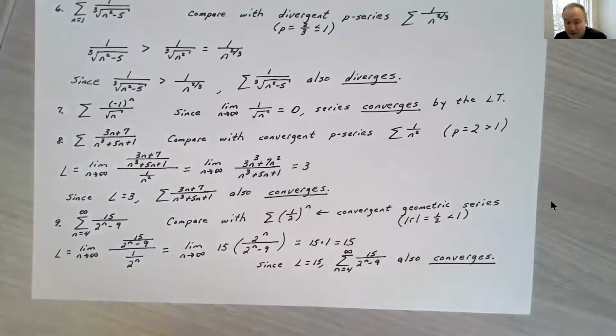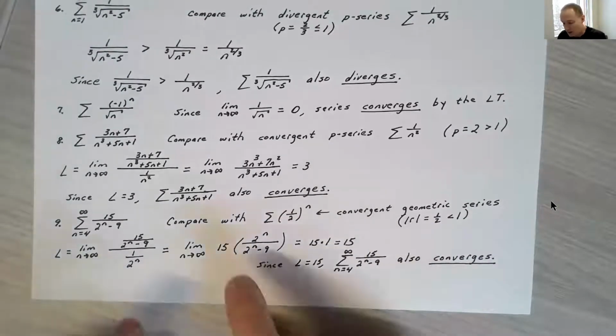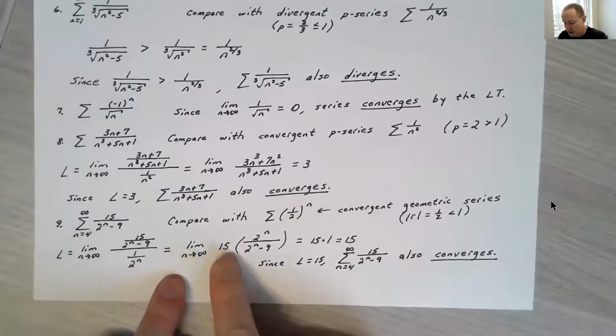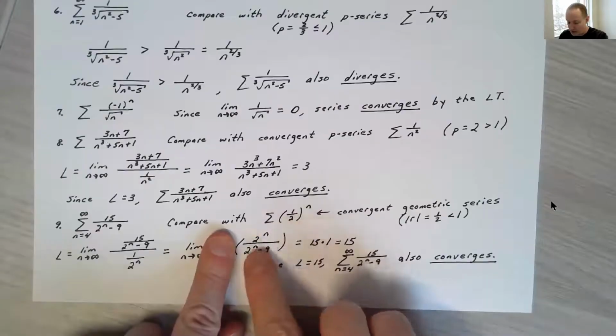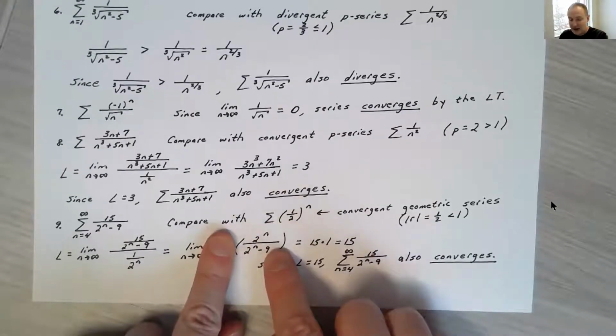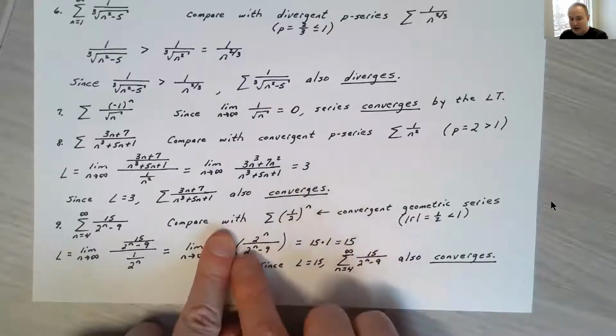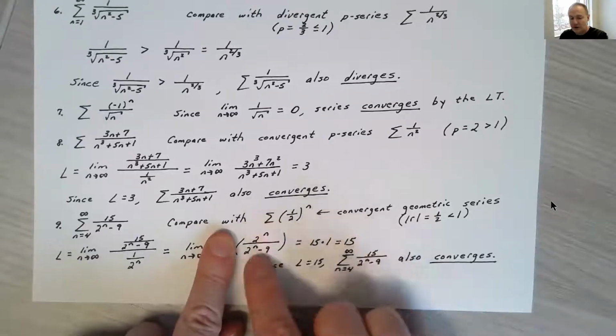This makes it easy to evaluate now, because as n goes to infinity, I'm going to have 15 times a fraction that goes to 1, because these two terms have the exact same value, and that minus 9 becomes inconsequential. Infinity minus 9 is still infinity. So this fraction goes to 1.